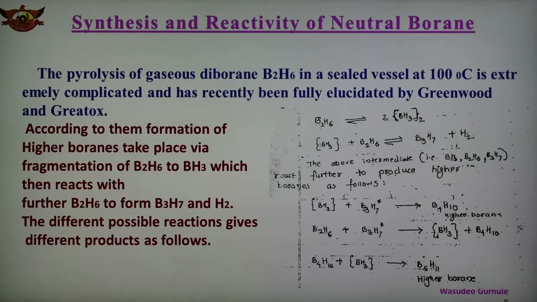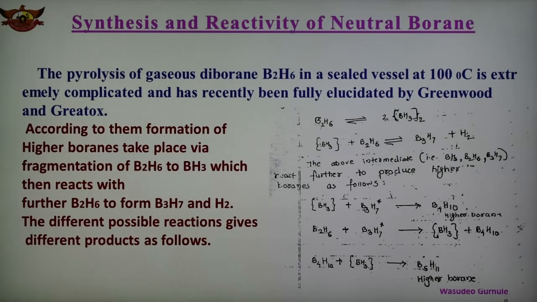They have given this method of pyrolysis of gaseous diborane in a sealed vessel at 100 degrees Celsius. The reaction is complicated, but this method was fully given by Greenwood and Gretox.